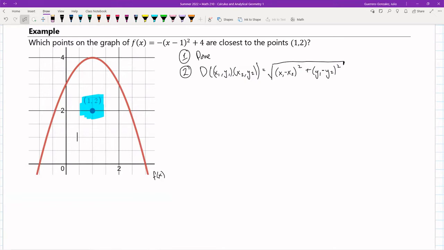So what I'm going to do now is this. We know the coordinates of this blue point. I'm going to grab a random point here. This is going to be my x1, y1, and this is going to be my x2, y2. Make sense?